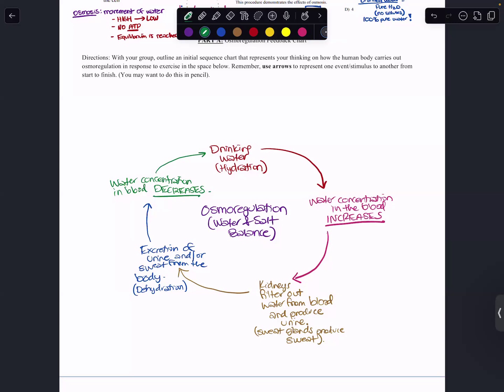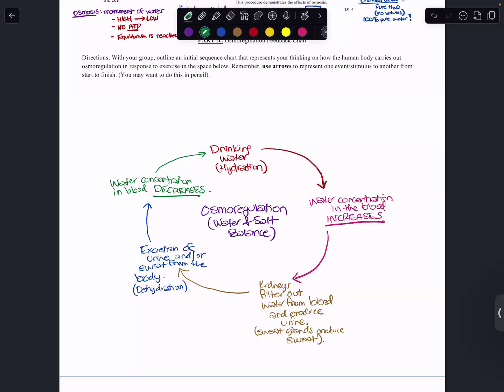And this is just really the normal balance, the negative feedback mechanism, just like blood glucose, just like thermoregulation, just like gas exchange. These are all negative feedback mechanisms, all to maintain balance. In this case, water and salt balance inside of our body, right?